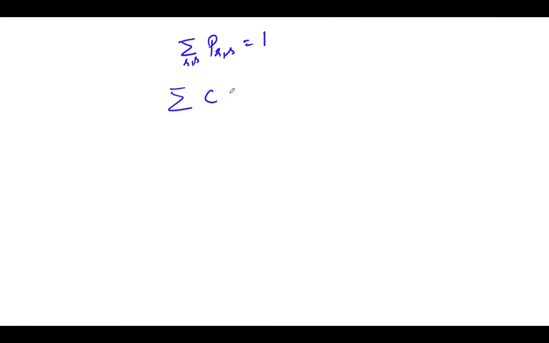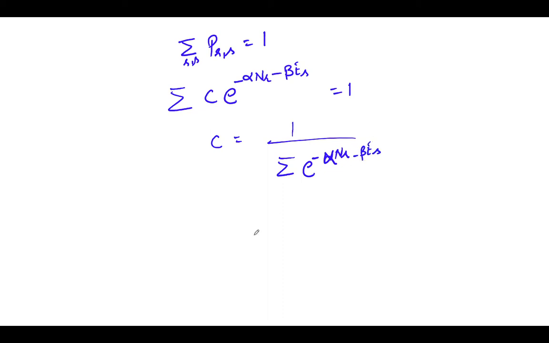So P is C times exp(−α Nr − β Es), and from that we can find the value of this constant, which is the inverse of the sum of exp(−α Nr − β Es).